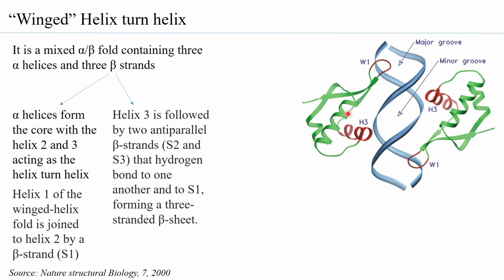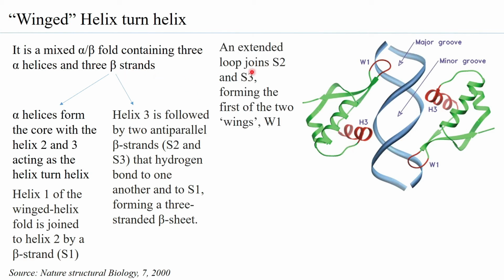And these three in turn interact with the helices. So therefore, there are 3 alpha helices and 3 beta strands. This is the extended loop that is joining S2 and S3, and this is the winged portion of the winged helix turn helix.